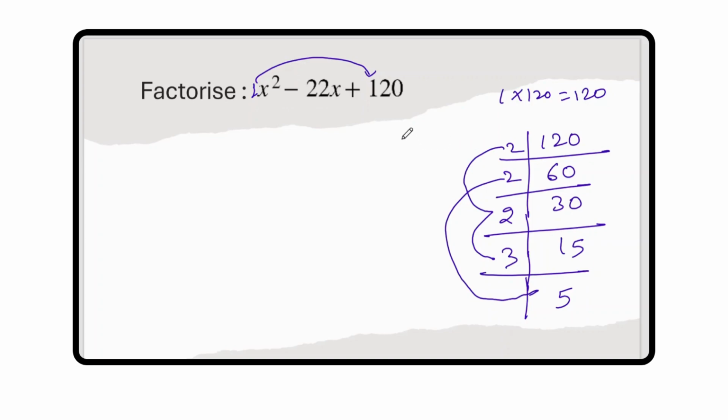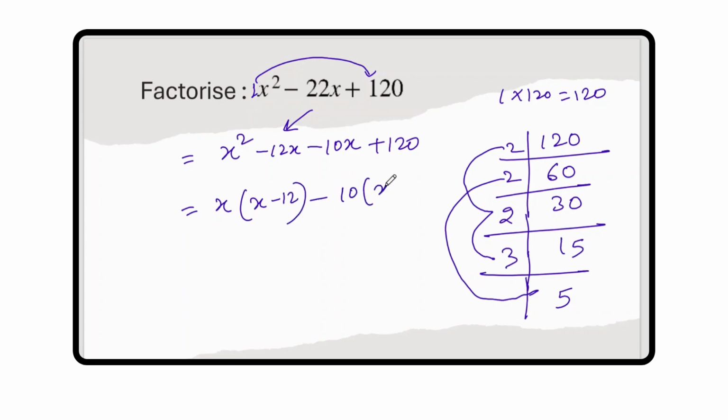That means 12 and 10 will work. So minus 12x minus 10x. Okay. Rest of the things I can write as it is. So finally I can get the answer as x common, x minus 12, minus 10 common, x minus 12. So the final answer is x minus 10 and x minus 12.